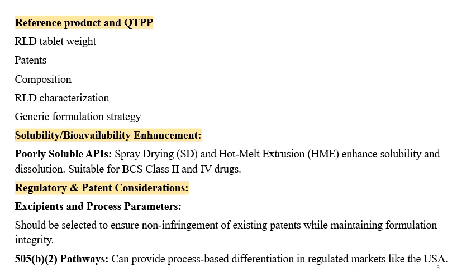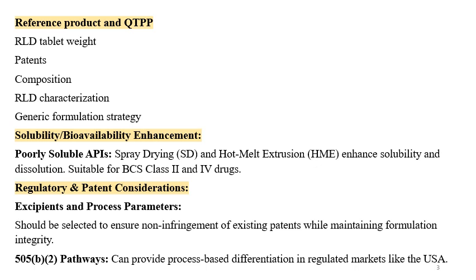Regulatory and patent considerations, excipient and process parameters. These are the considerations for process design. Understand whether the patents are there regarding any manufacturing process, whether you want to go with that process or you want to make the non-infringing process.